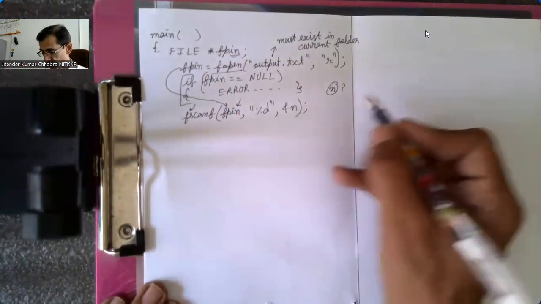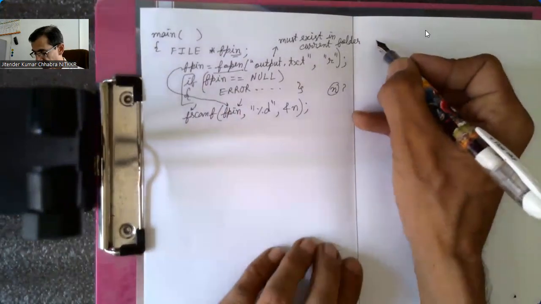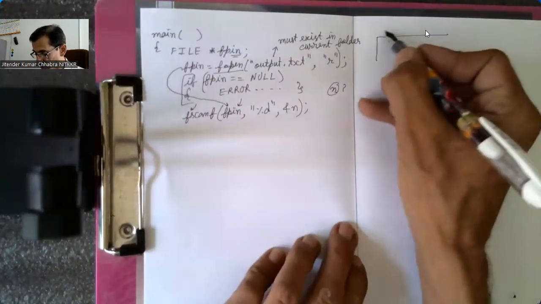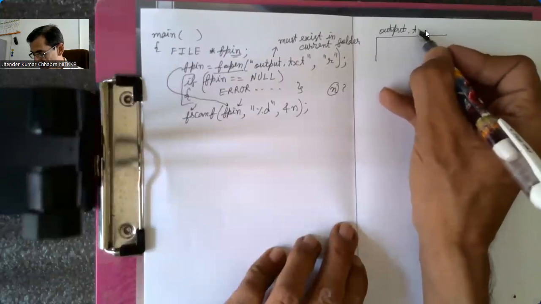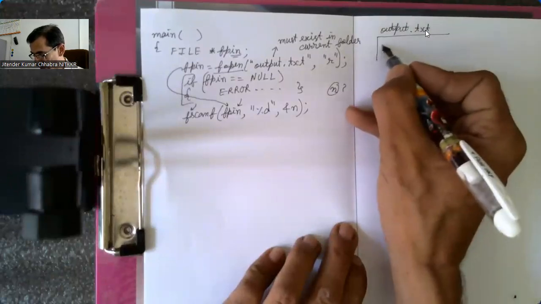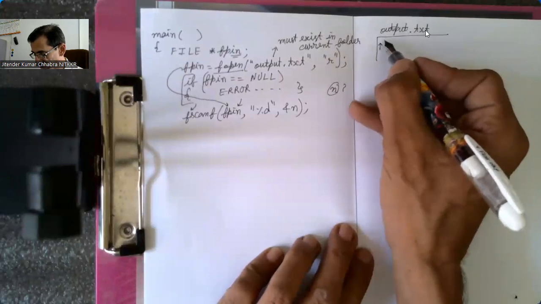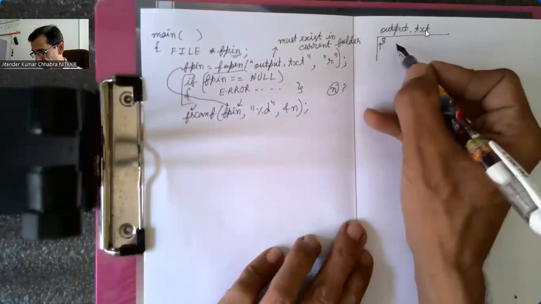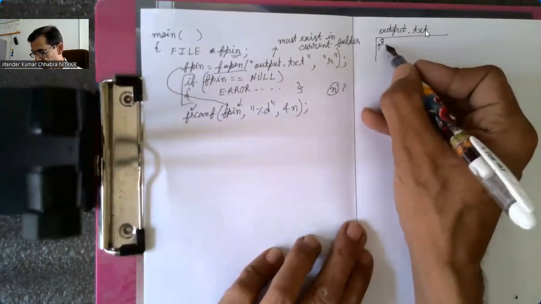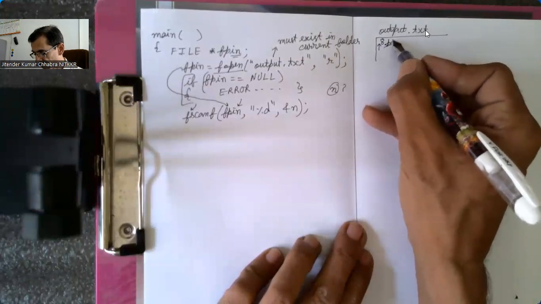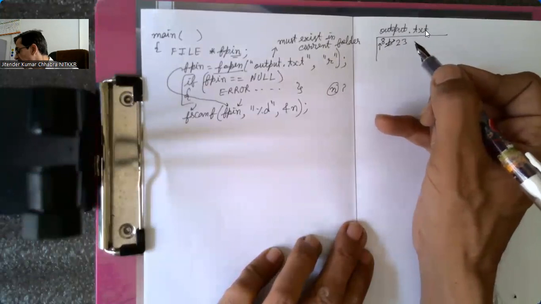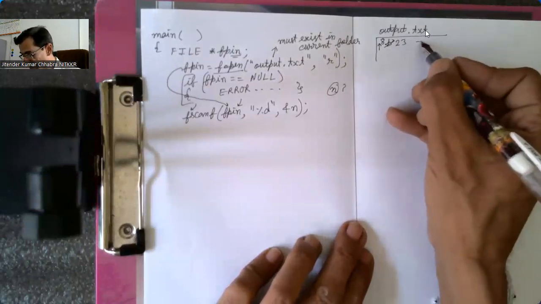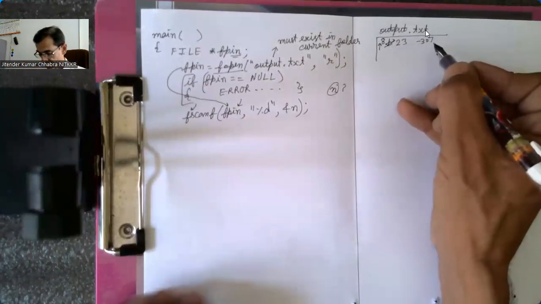fscanf. So it means the output.txt file is being read. Being read means your internal cursor is always at the first position. Here you have written 8, then you have written a blank. After the blank you have 23. After the blank you have -307 and so on.